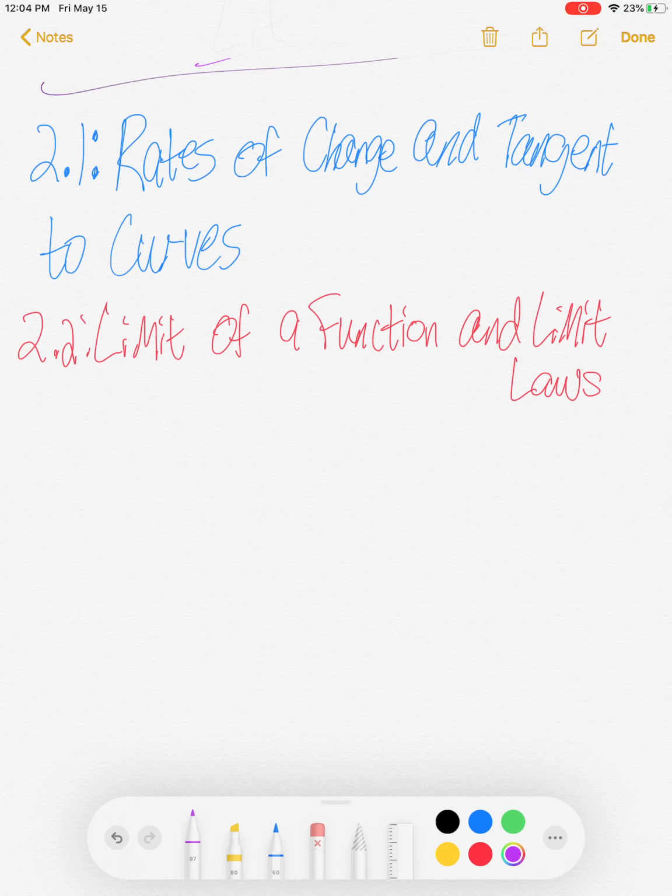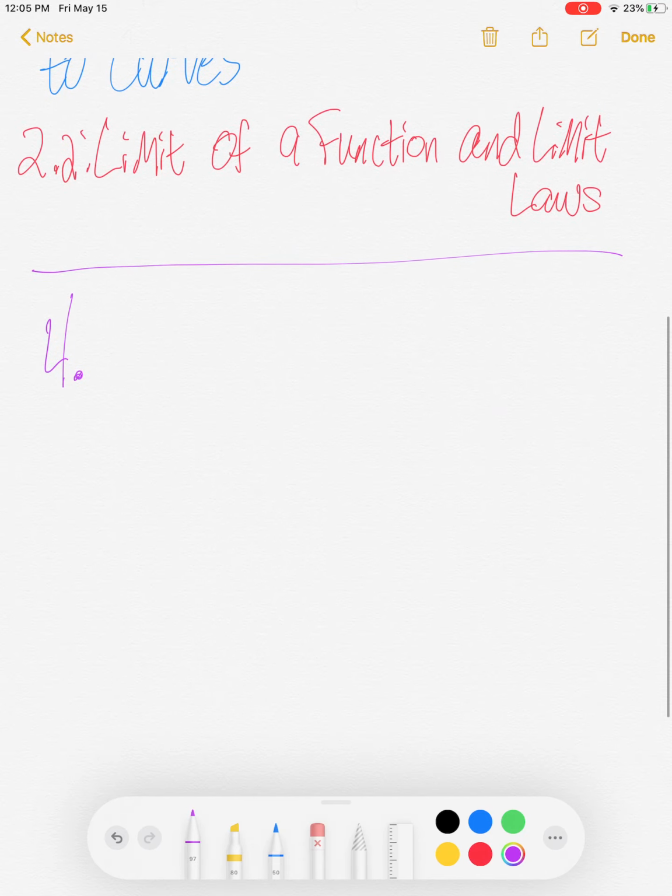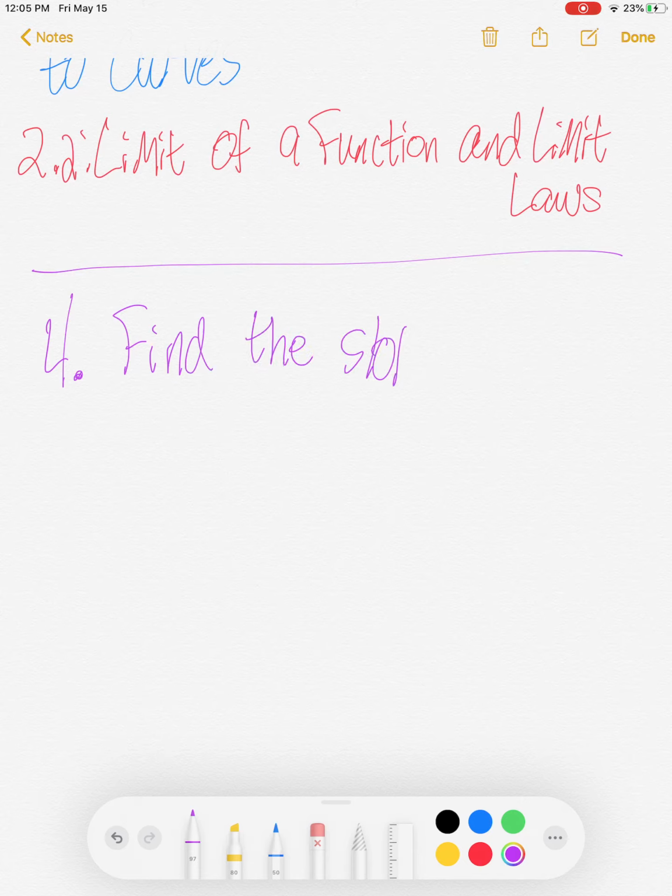First problem I would like to do today is problem 4 off of this homework. It has two parts. We're just going to do the first part here because once you do the first part, the second part is not so bad, mostly just plugging stuff into a formula. So here we are going to find the slope of the curve.